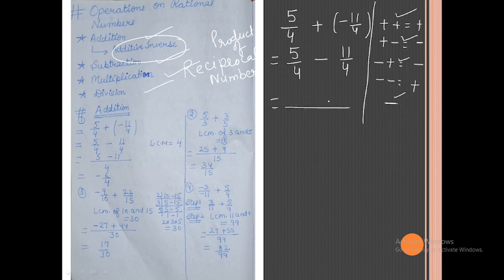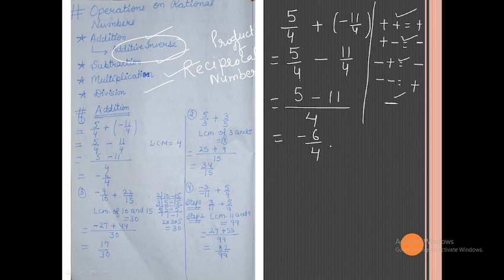Now if the denominators are the same for both values, that means the LCM will be the same, that is 4. When the denominators and LCMs are the same, then the shortcut way is that you take the numerators as they are with their signs. 5 minus 11, we get minus 6 by 4.